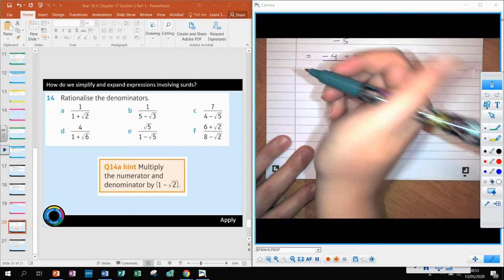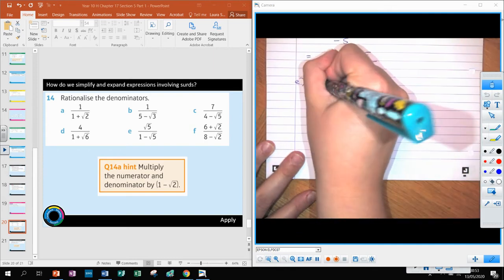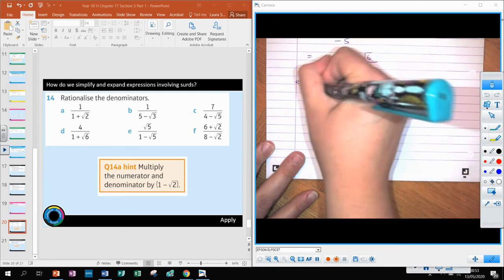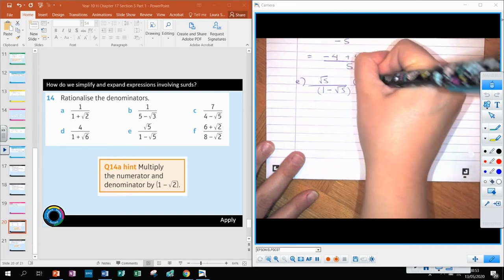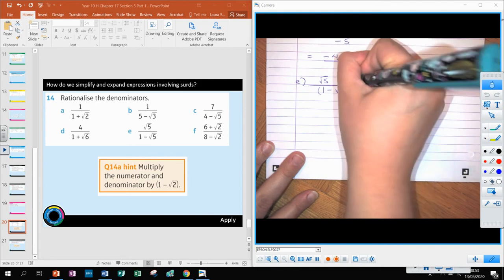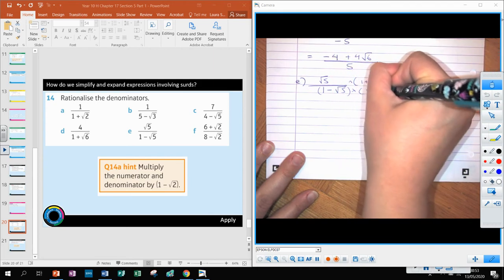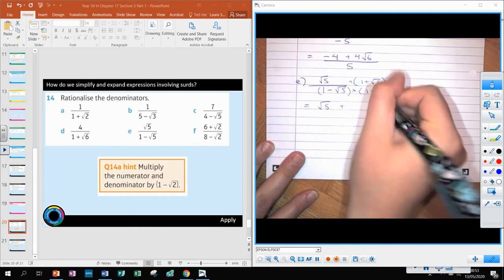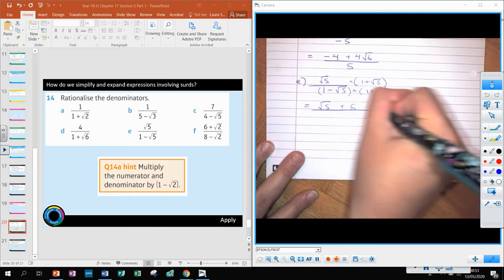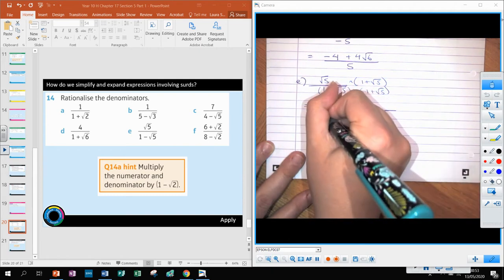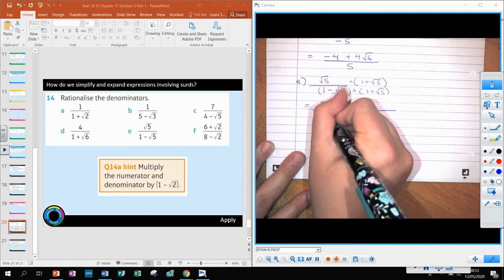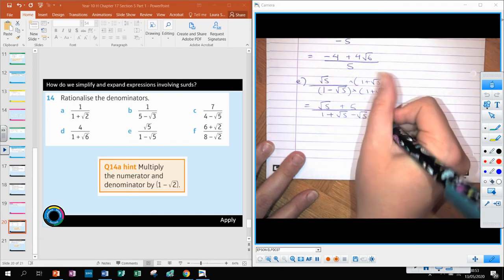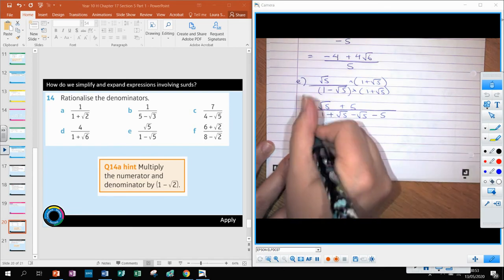So part E, we had root 5 over 1 minus root 5. Don't forget, change the sign. 1 plus root 5, 1 plus root 5. That's going to be root 5 plus root 5 times root 5, which is 5, all over 1 times 1, which is 1, plus root 5, minus root 5, and then minus root 5 times root 5, which is minus 5.